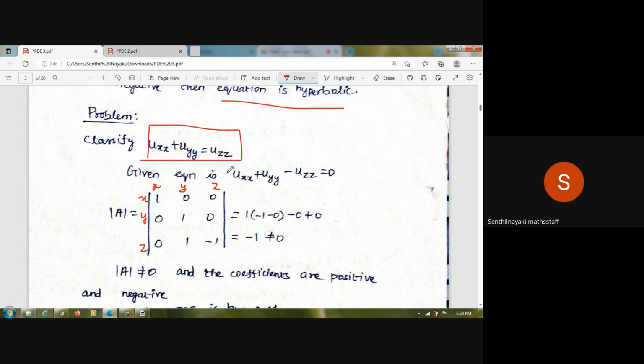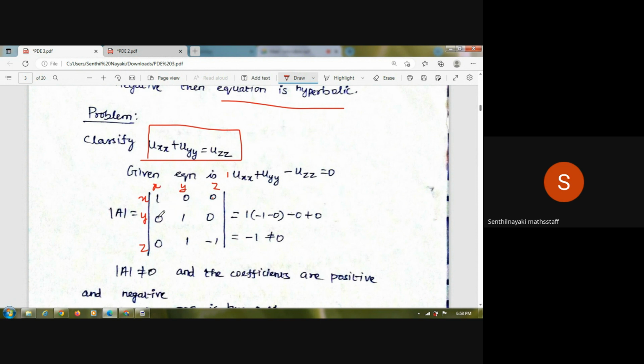This entry is cxx, so 1. Next, this entry is xy. The coefficient of xy: there is no term for uxy, so the coefficient becomes 0. And xz, this entry is cxz. Here there is no derivative uxz, therefore this term becomes 0.